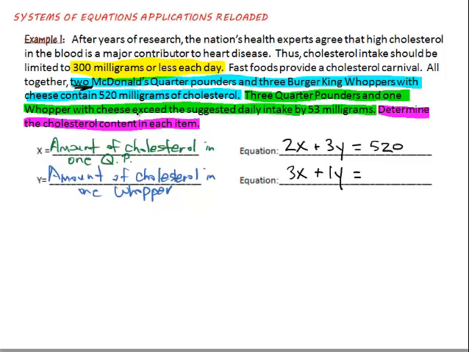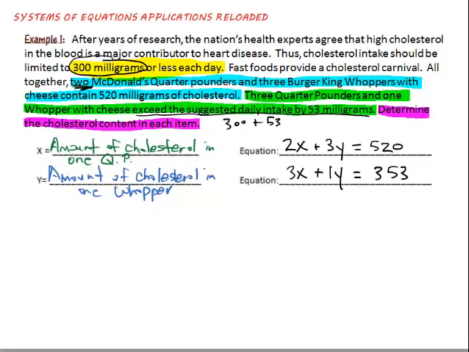So it says it exceeds the suggested daily intake by 53. That would be the 300 milligrams, the suggested daily intake, and we have to add the 53 because it exceeds that. So we get 353. Okay, now we've got our equations written.